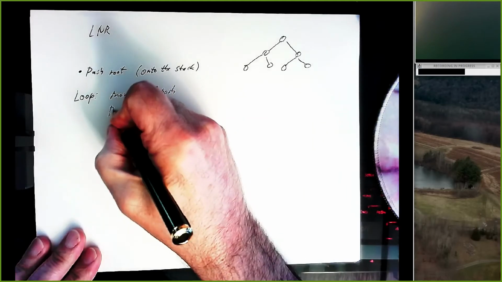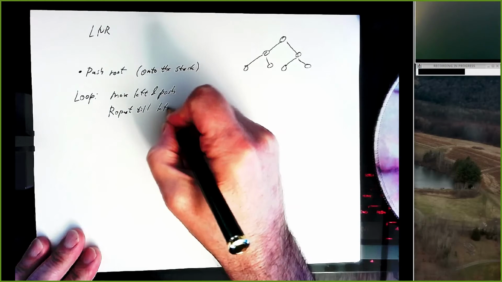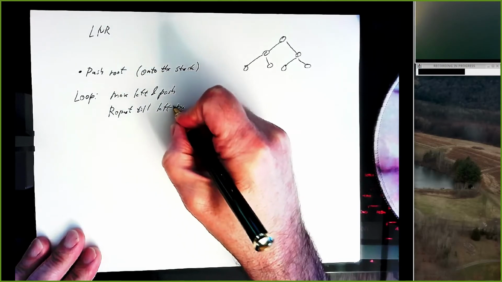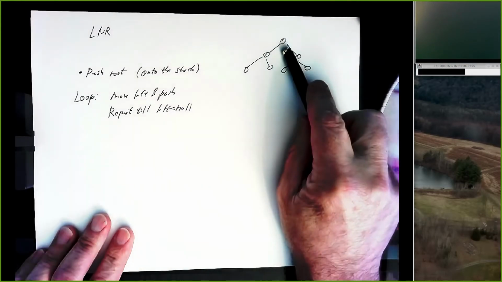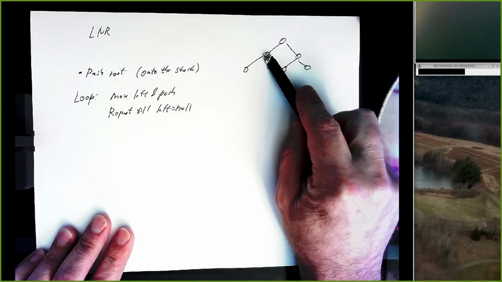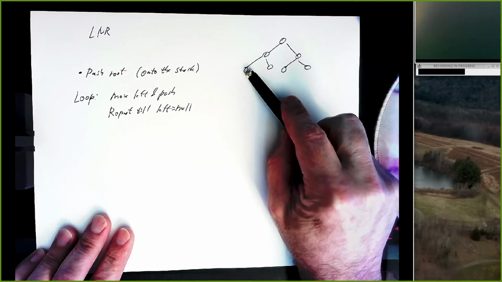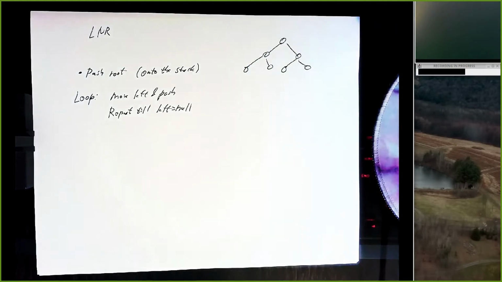And repeat till there's nothing left to move on the left, till your left child is null. So first push the root onto the stack, and then start moving to the left. And at each node, push the node that you're at onto the stack and move to the left. Push the node onto the stack, move to the left. Keep doing that until you can't go left anymore.